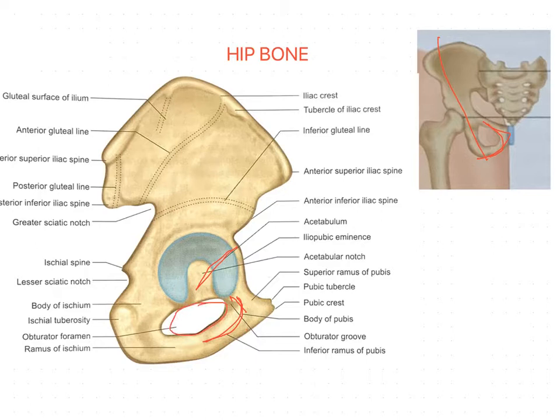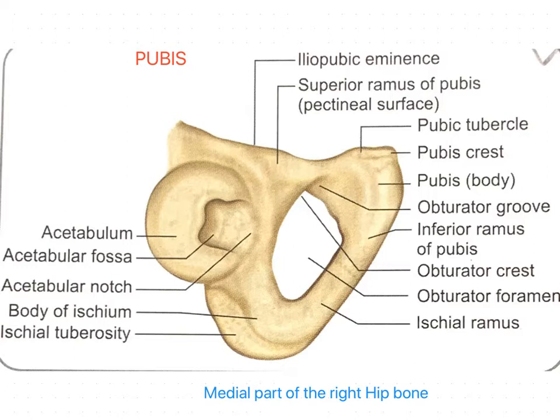The pubis consists of a body which is placed anteriorly, and a superior ramus and an inferior ramus. Here this is the medial part of the right hip bone, and here we can find the body.